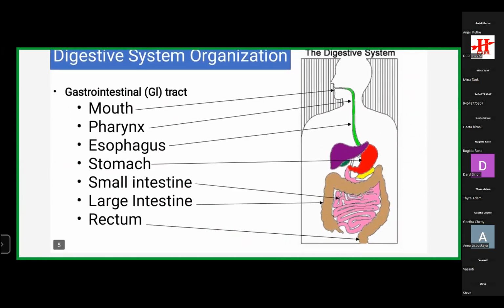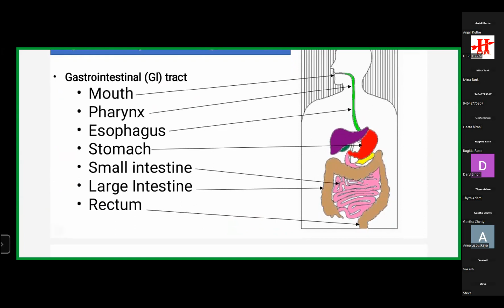Now, various digestive organs. Here you have seen the mouth contains the teeth, then the tongue, and the salivary glands. Various types of salivary glands we are going to learn today. The mouth has a roof made up of soft and hard palate, and the tongue is the muscular organ which is very important for production of speech, mixing the saliva, and sense of taste.